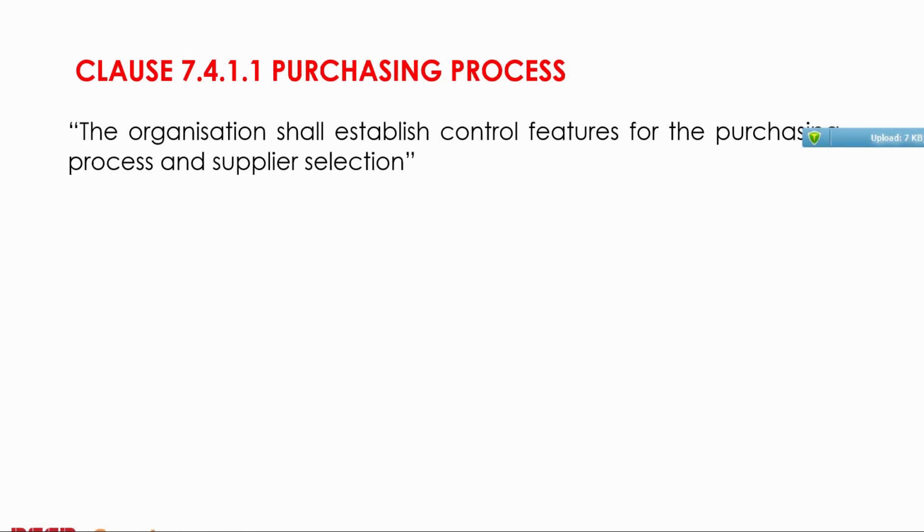Now we're on to the purchasing process. In the 9000 2015 version, there's a significant change in the terms. Another significant change in terms of purchasing and outsourcing are being replaced with external provision of goods and services.